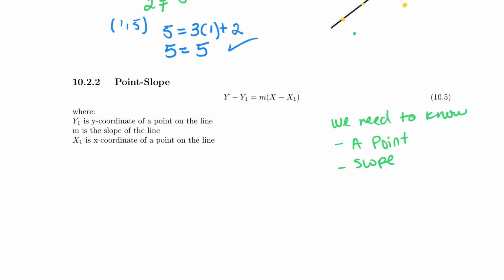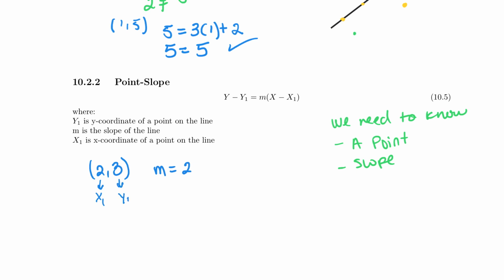Let's say that I'm asking you to create the line equation that has the point 2, 3 and has a slope of 2. Okay, so the only thing that we need to do is substitute the values on the formula for the line. Remember that this will be x1 and this will be y1.